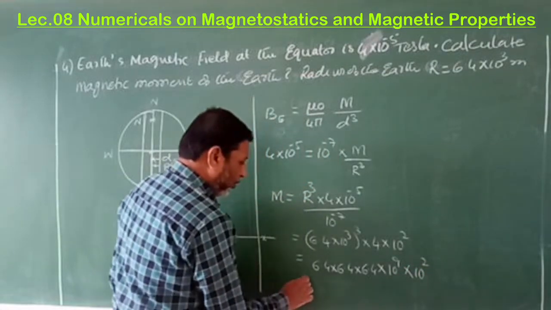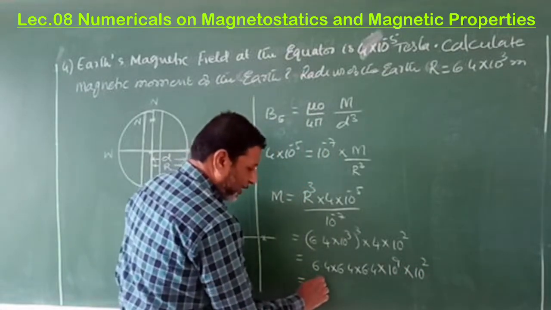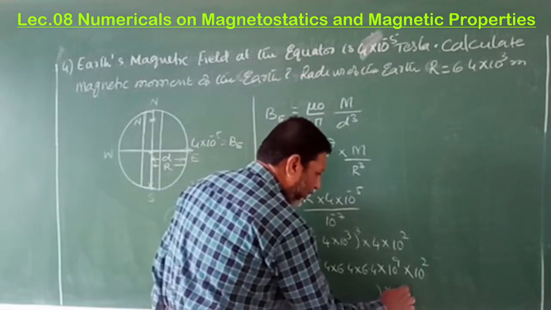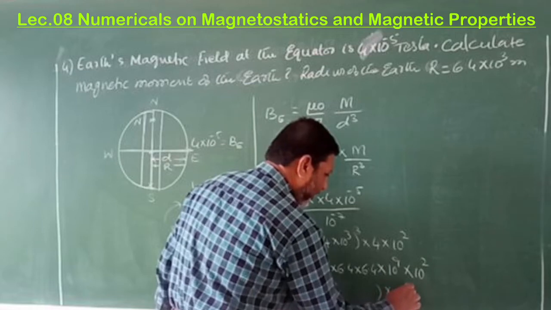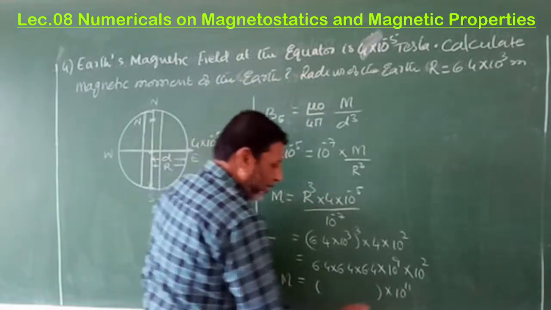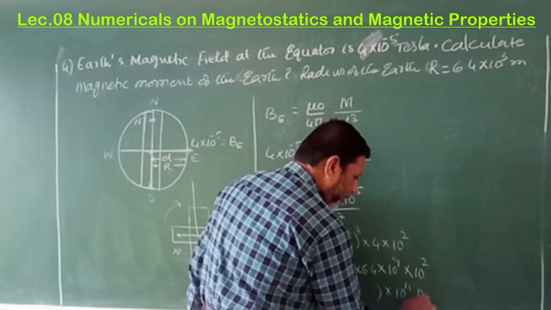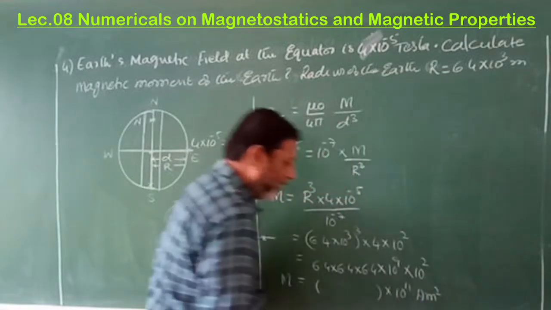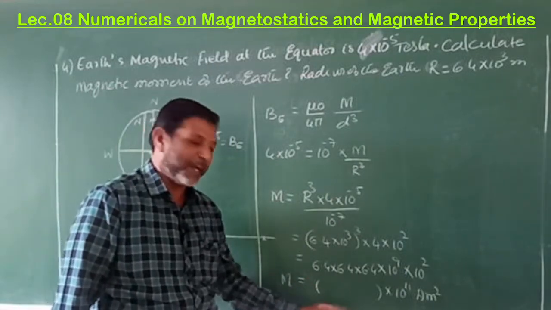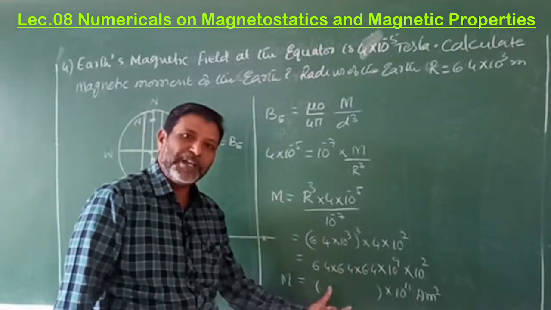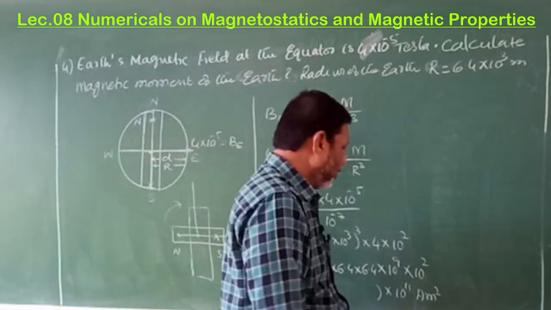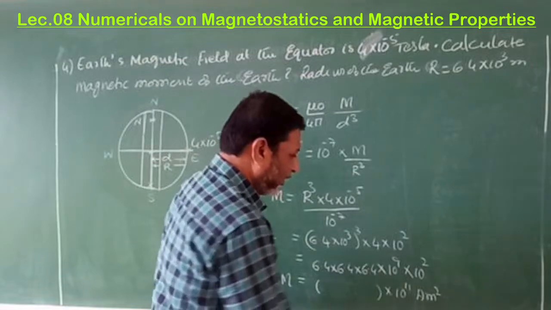Now calculate this, and whatever value you get, into 10 to the power of 11, this much is the magnetic moment, and you write its unit as ampere meter square. This is the value of the magnetic moment of the Earth's magnet. You simplify this and put the value here, and you will get the Earth's magnetic moment.